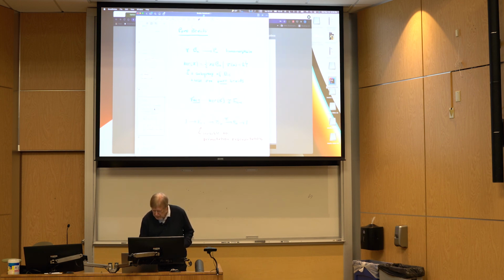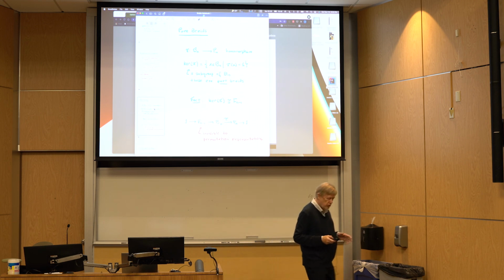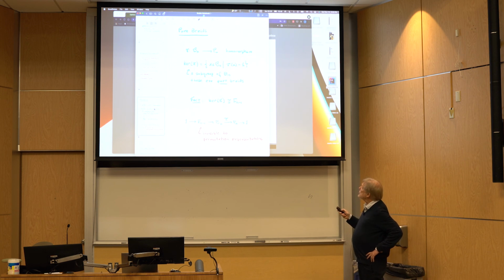Now, what's the relationship of this to group theory, or to braids? Well, I want to talk about what are called pure braids. So we have our, by now, familiar homomorphism from the braid group on n strands to the permutation group on n letters. And every homomorphism has something called the kernel, which you saw in Nancy's movie. Okay?